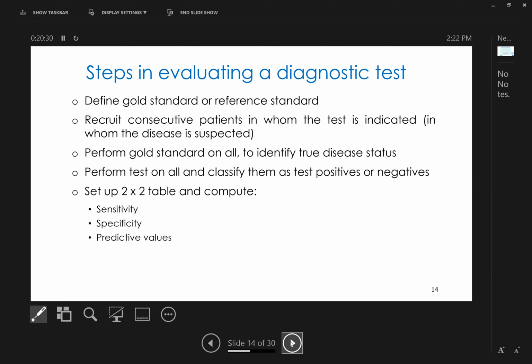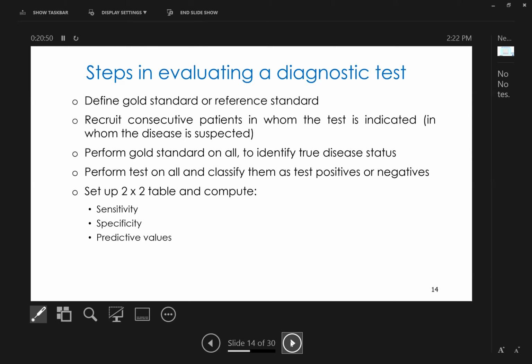So we recruit consecutive patients in whom the disease is suspected. We do the gold standard on everybody. Then we also do the new test on everybody. So you have the same people on whom you have the gold standard test information and the new test information.